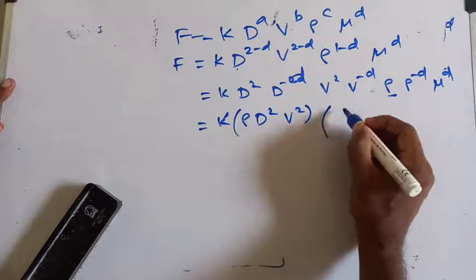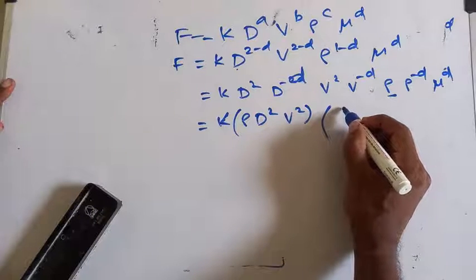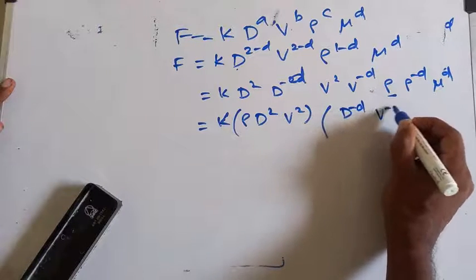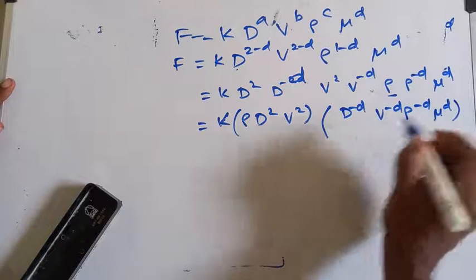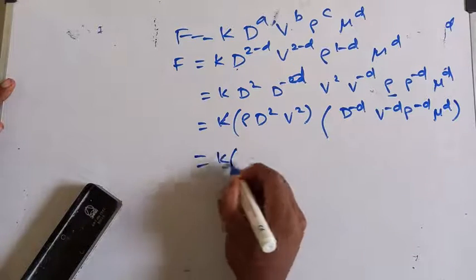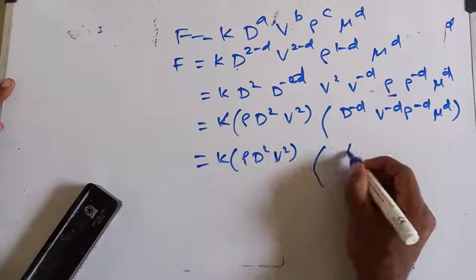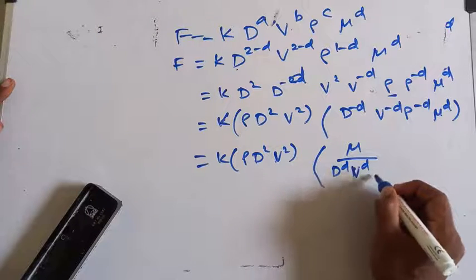Then I am taking the remaining power d terms, that is nothing but D power minus d, V power minus d, rho power minus d, mu power d. So I am writing this as k into rho D square V square into mu divided by D power d V power d rho power d.